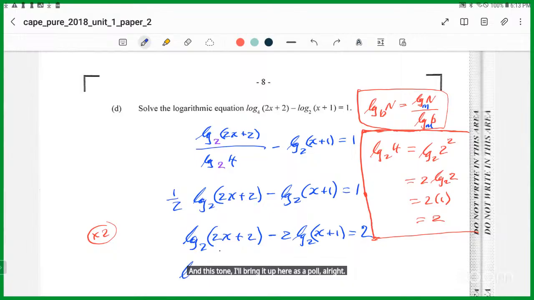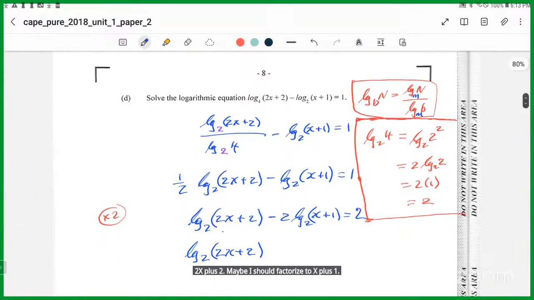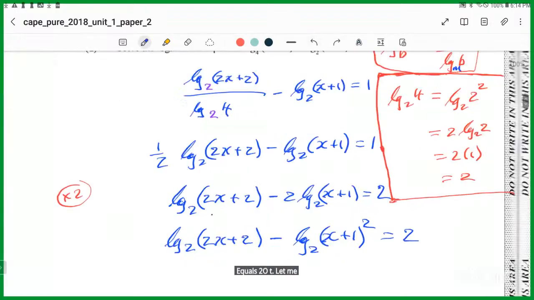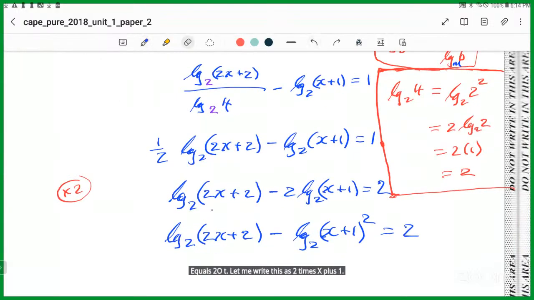So I get log to base 2 of 2x plus 2, maybe I should factorize the x plus 1, minus log to base 2 of x plus 1 squared equals 2 out here. So let me write this as 2 times x plus 1, this thing instead.